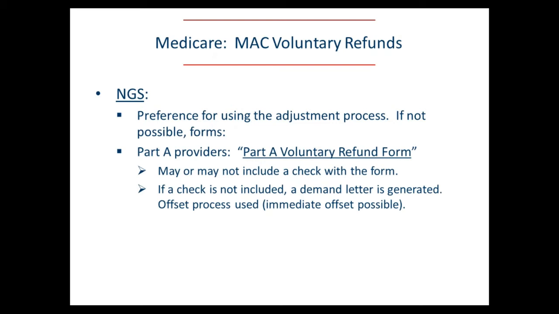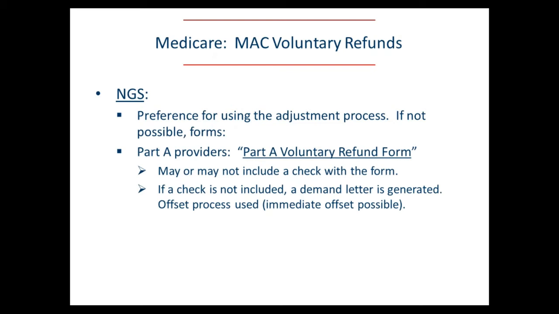And yes, once again, there are different forms for Part A or Part B. Part A providers have the Part A voluntary refund form available on NGS's website. You have the option when submitting that form to include or not include a check for the overpayment. If the check is not included, it goes through the standard Medicare processes where a demand letter will be issued to the provider.